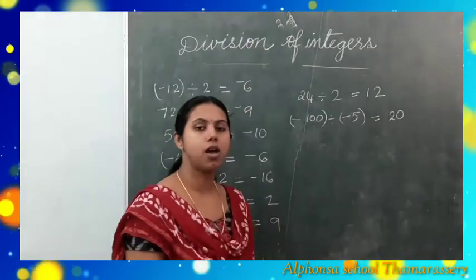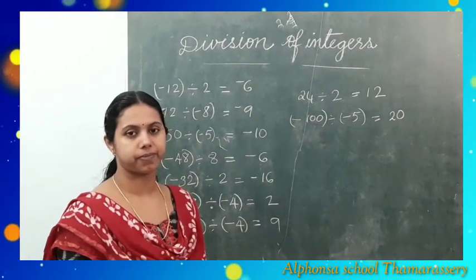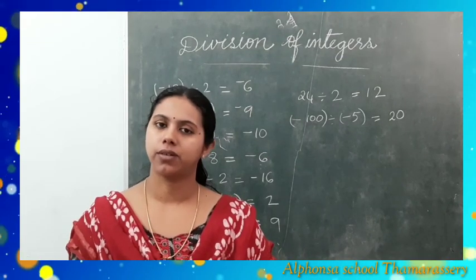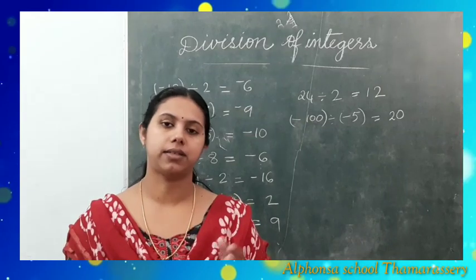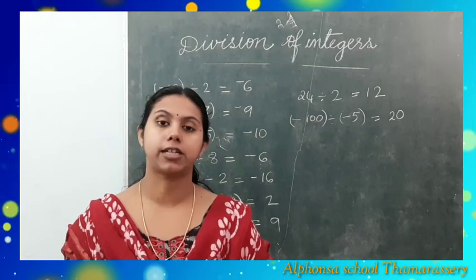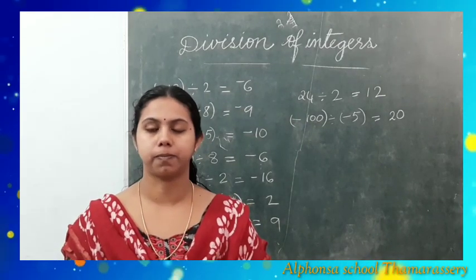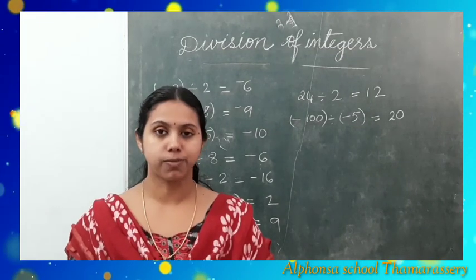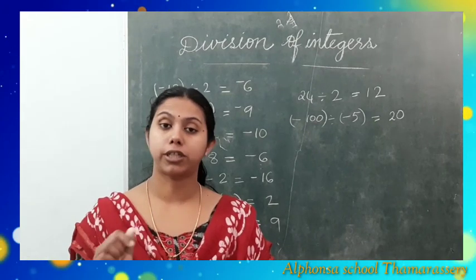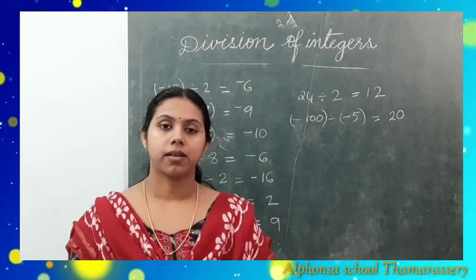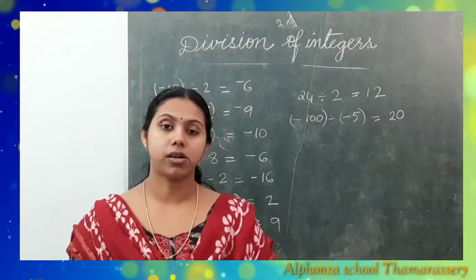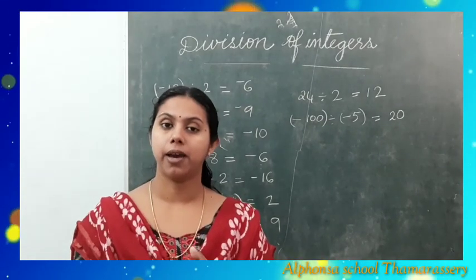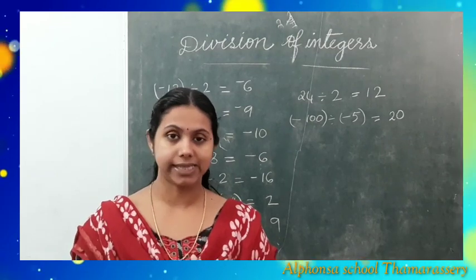Dear students, I hope that you understand this section, division of integers and problems related to multiplication of integers. So today you should read your textbook and underline the important points. And when you are writing the notes, I told you first you should write the heading, make multiplication easier.